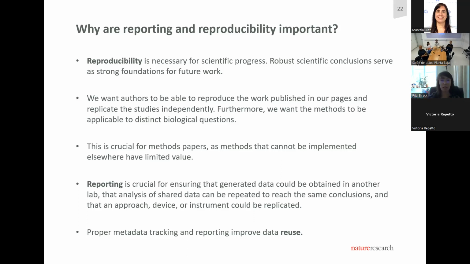Even just in the 8 years that I've been an editor, we've seen a huge rise in atlas projects, the brain, the kidney, every cancer. So I think as data reuse becomes more and more important, metadata tracking and reporting becomes just essential. It's completely necessary for people to reuse data outside of the lab it was generated in.